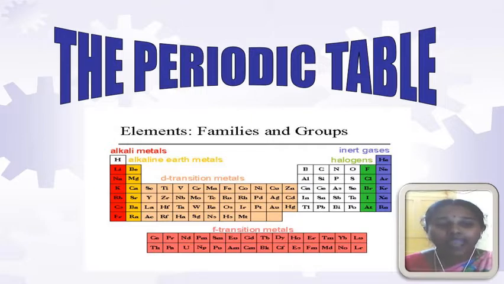Not really, and that is why we have grouped these elements based on similarities in their properties, and that's how we have got the periodic table, and that is exactly where we talk about periodic classification of elements. So the topic of this lesson is periodic classification of elements.